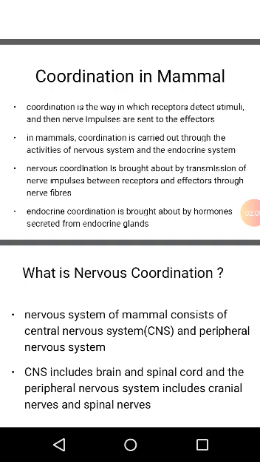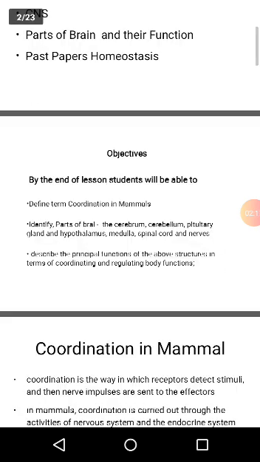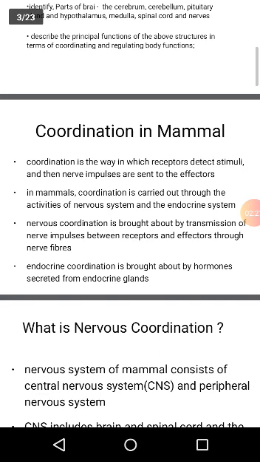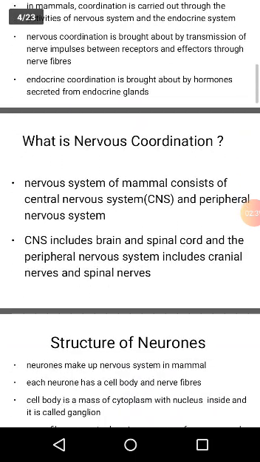The impulse is taken from the receptors to the central nervous system, and then from the central nervous system it is brought back to the effector organs through nerve fibers. Endocrine coordination works through the release of hormones which are secreted from the endocrine glands.